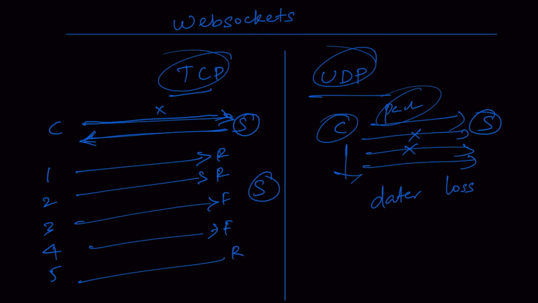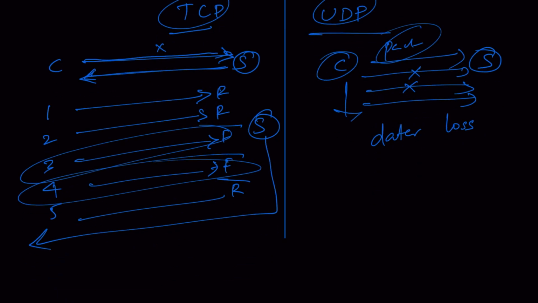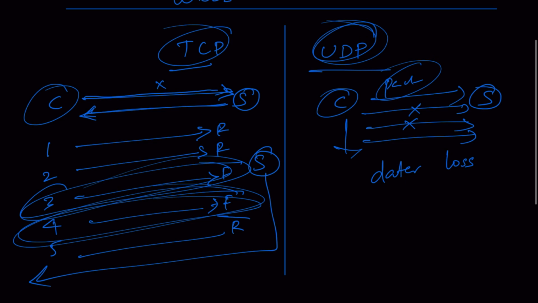Then immediately the server tells your client, hey, I didn't receive the third packet and then the fourth packet. Then the client again sends those failed packets, ensuring that the data is delivered in any case, whereas that doesn't happen in UDP.